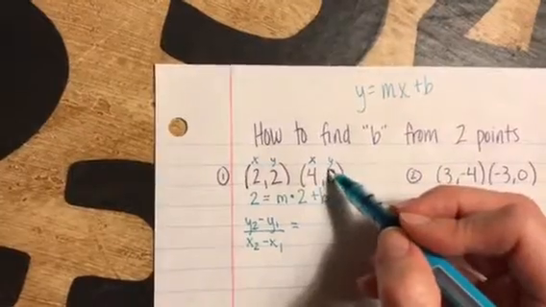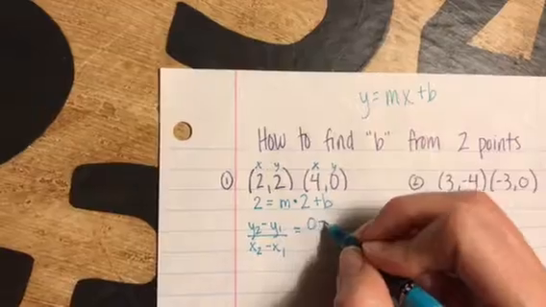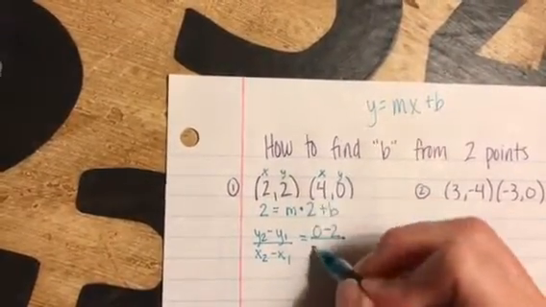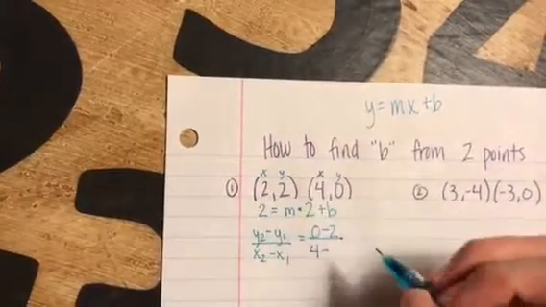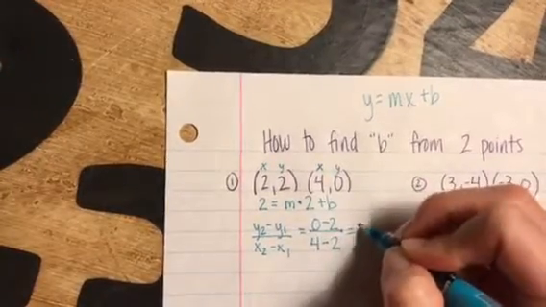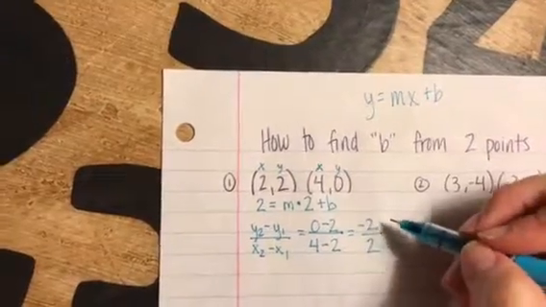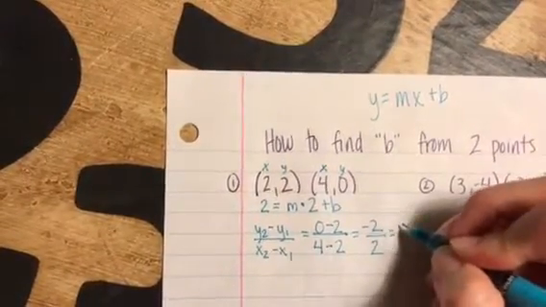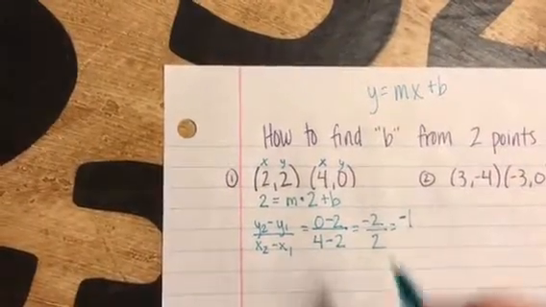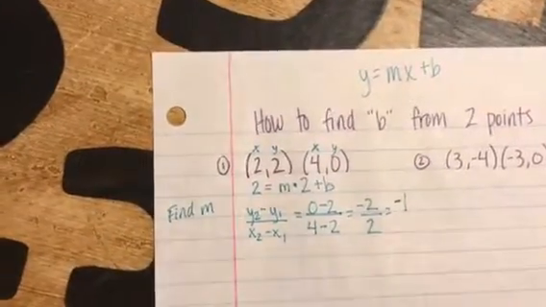I'm going to use 0 as my y number 2, minus 2, that's my y number 1, over x number 2 is 4, minus x number 1, which is 2. 0 minus 2 is negative 2, 4 minus 2 is positive 2, negative 2 over 2 can be simplified to negative 1. So my slope, or my m, equals negative 1. So what I just did here was find m.